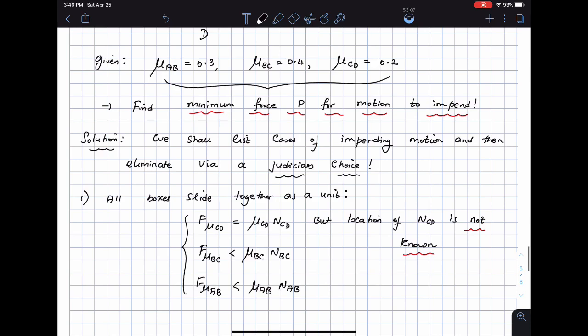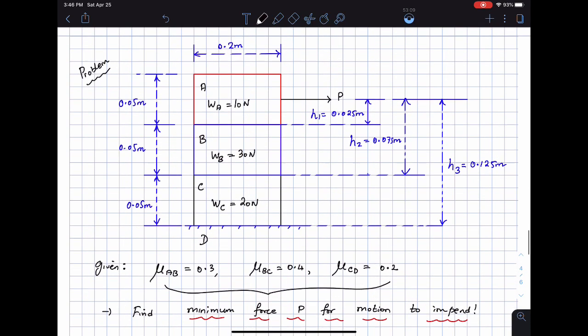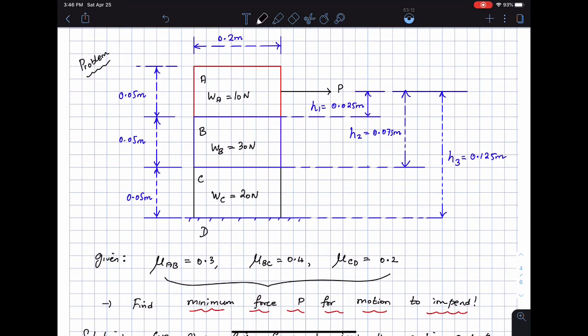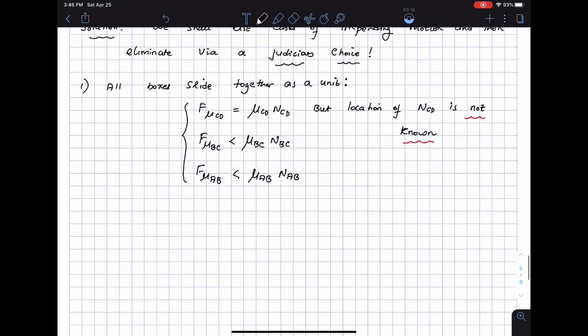The second case of impending motion, you can take a look at the problem. As the force P is applied, the boxes A and B move together as a unit, and box C is at rest. So that's my second case.